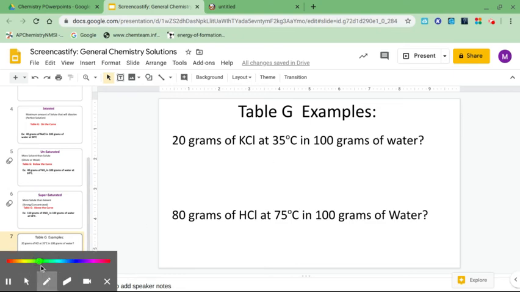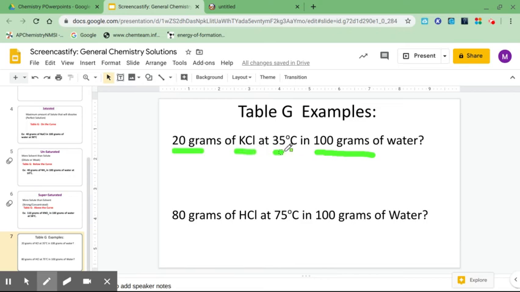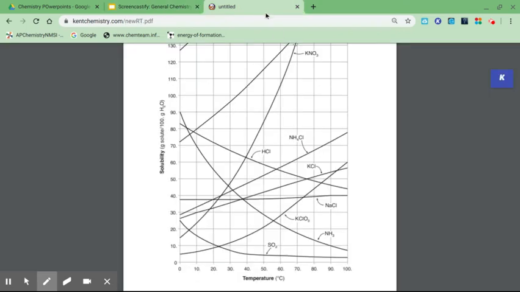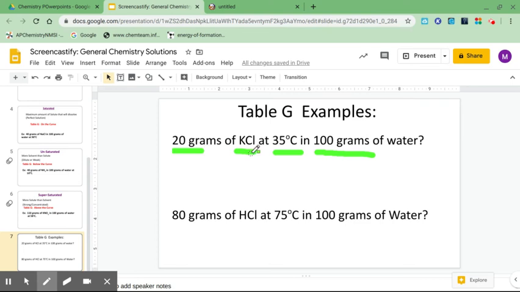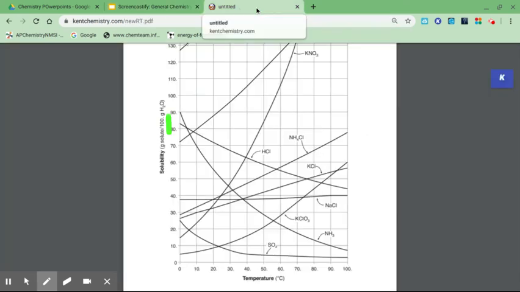So again, I'll use the green, I'm going to have 100 grams of water. That means normal, and 20 grams of KCl at 35.